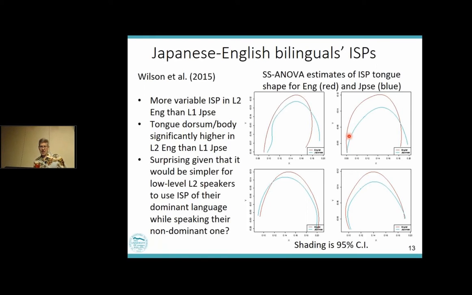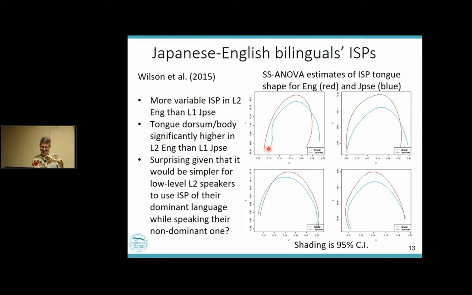So again, we used SS ANOVA, and here on the right side you can see 4 graphs for 4 different participants. Okay. Oh, we seem to have lost the shading. Interesting. Okay, there was shading for 95% confidence interval when I opened it on my Mac computer this morning, but it's now gone.